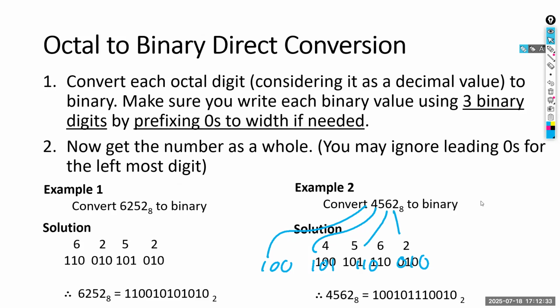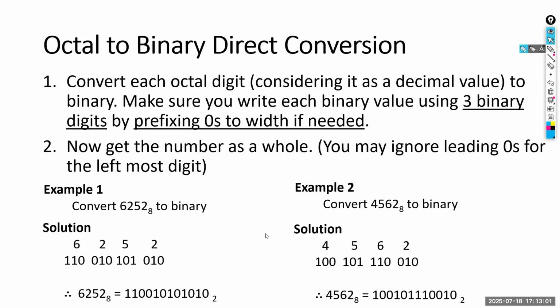Right. So that is octal to binary and binary to octal. Remember, we think in terms of chunks of 3 digits. Now you can guess what happens if you want to convert binary to hexadecimal and hexadecimal to binary. If you have a bit of logical thinking, you can at least guess what to do.